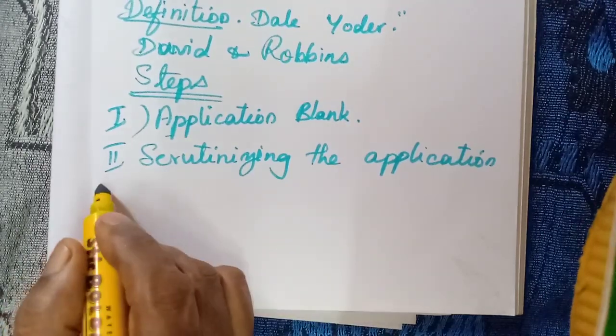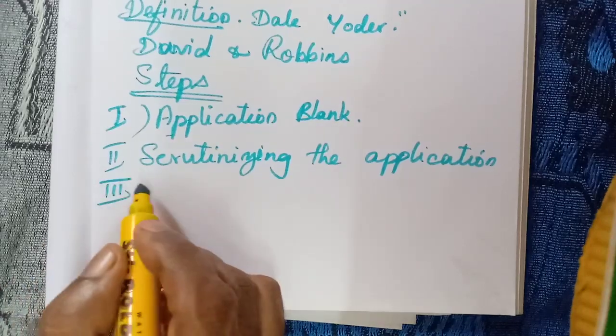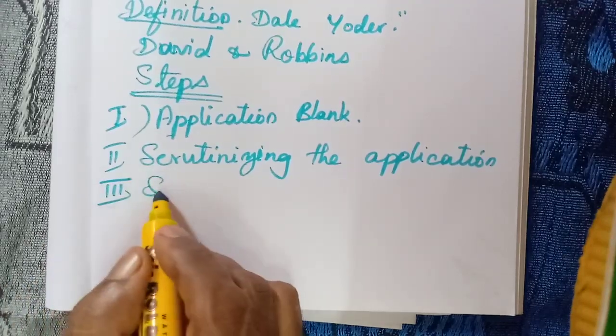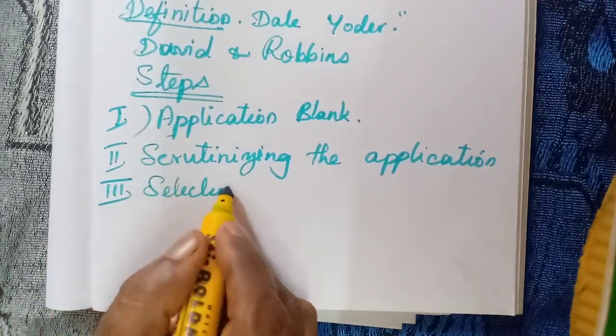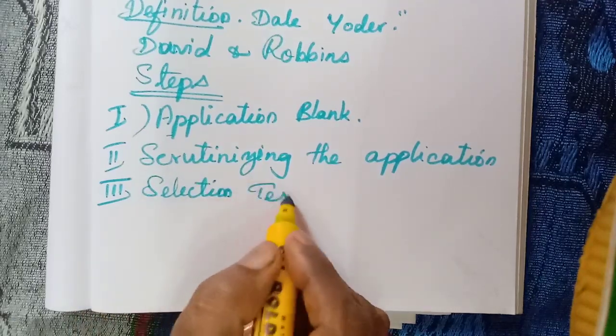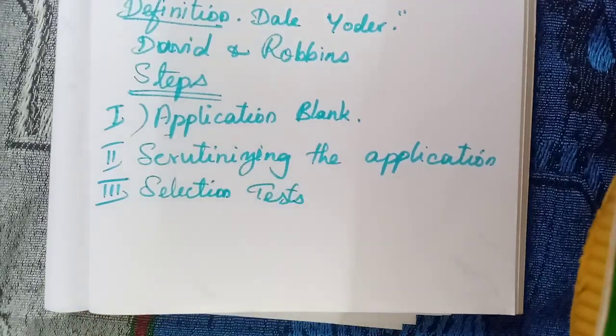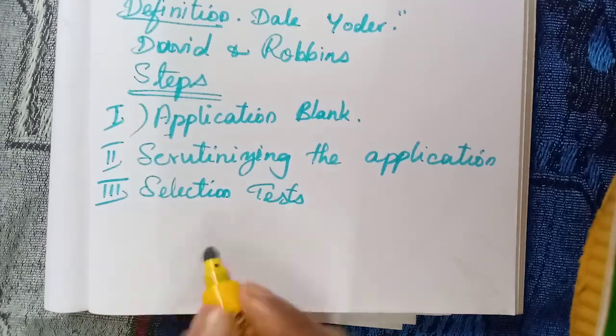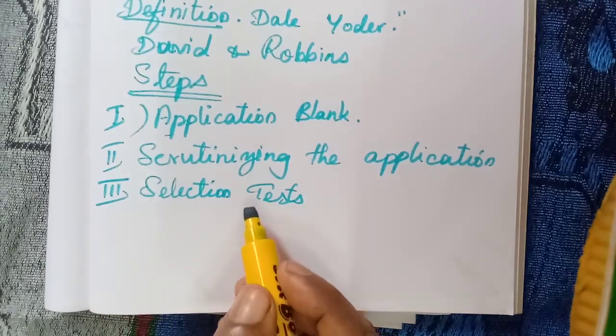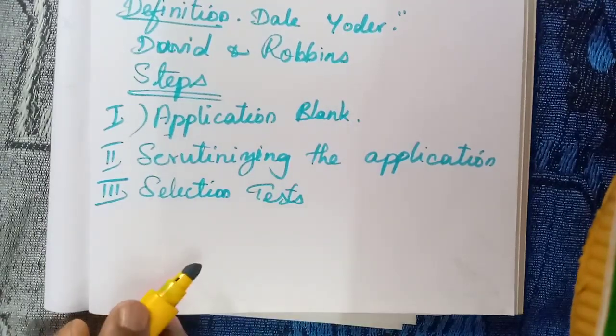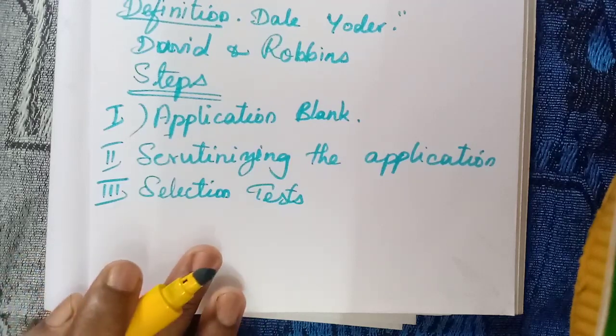The third one is the larger step, the selection test. They have scrutinized and shortlisted the applications, and those applicants will be called for tests. Many tests will be conducted.